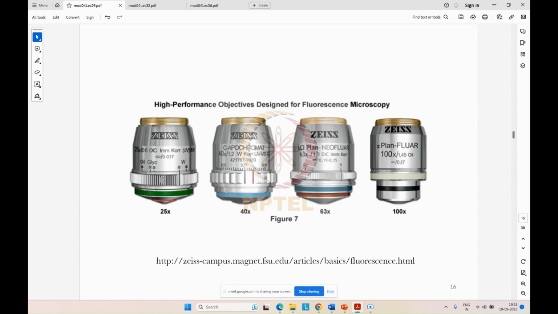To obtain an image, you need to place the light rays to focus exactly on the layer of the sample that you want.